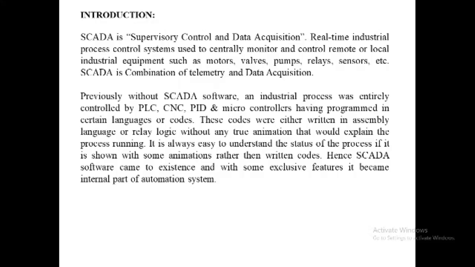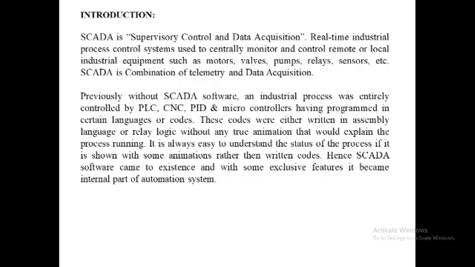Previously, without SCADA software, an industrial process was entirely controlled by PLC, CNC, PID, and microcontrollers programmed in certain languages or codes. These codes were either written in assembly language or relay logic, without any true animations that would explain the process running.